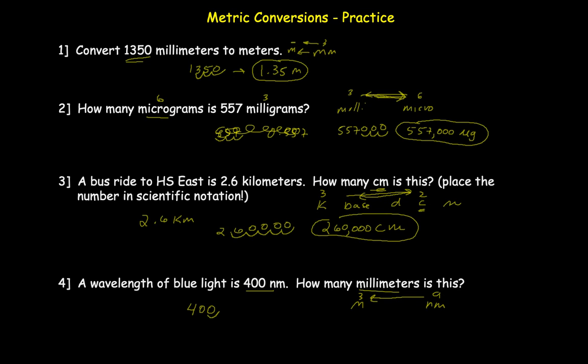So we're going to go 1, 2, 3, 4, 5, and 6. So this would be 0.0004 millimeters.